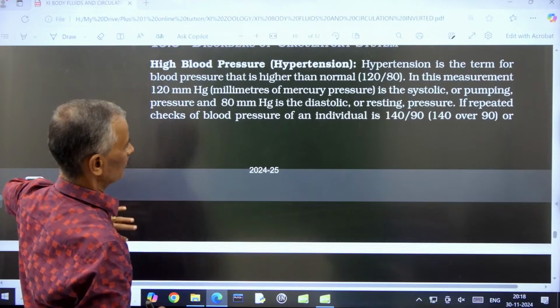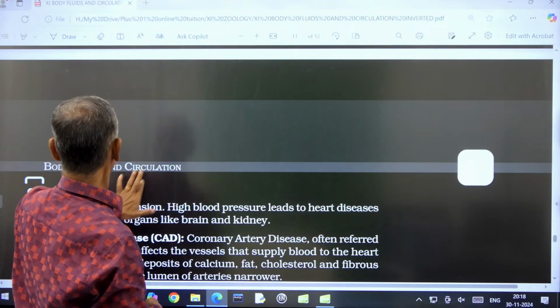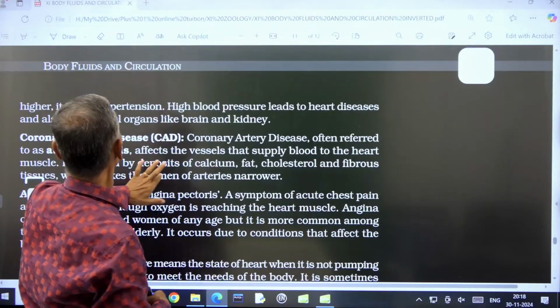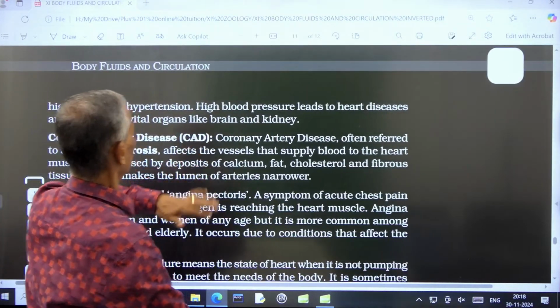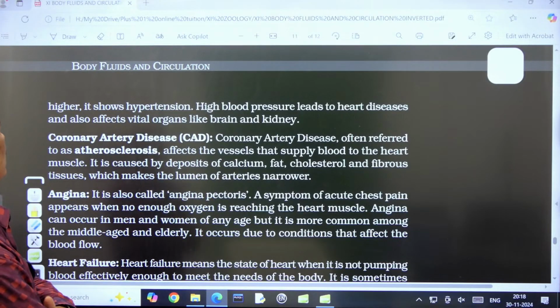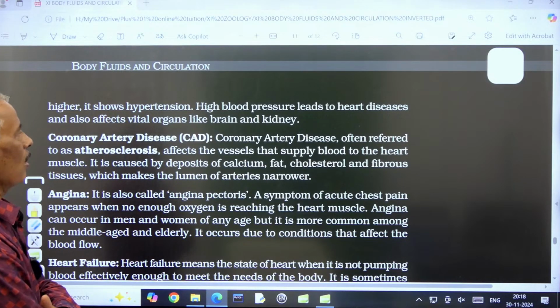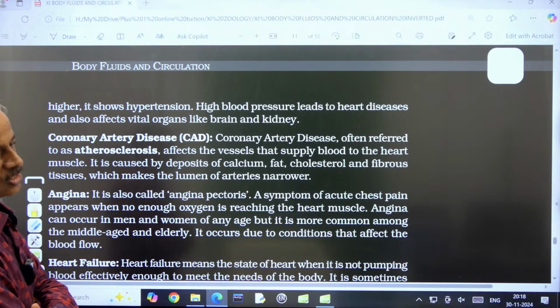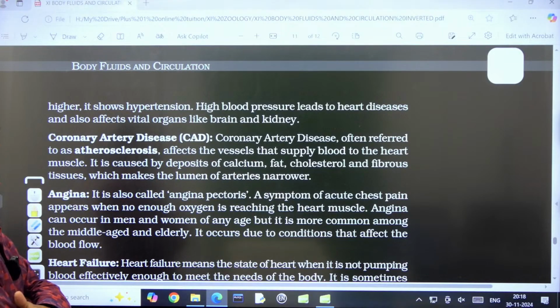If this is the pressure value for longer periods, or if it is the permanent value of a man, then he is suffering from what is called hypertension. Hyper means above normal. So, normal value is 120/80. A pressure value over and above this one is called hypertension.